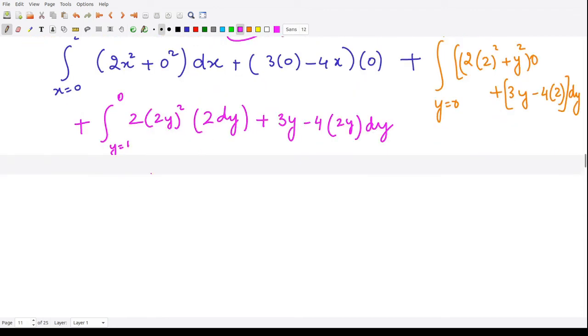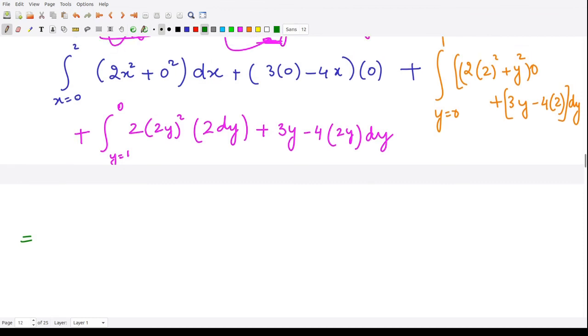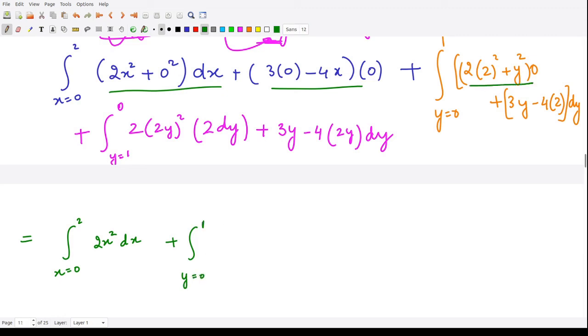The next step is to solve this integral. So let us solve this integral. Now the first integral consists of only the x values. So if you simplify this a bit, you will get x from 0 to 2, and this is 2x square dx, and this whole term becomes 0. So this is the first integral. For the second integral, y varies from 0 to 1. Here this whole factor is 0 and this factor is 3y minus 8 into dy.